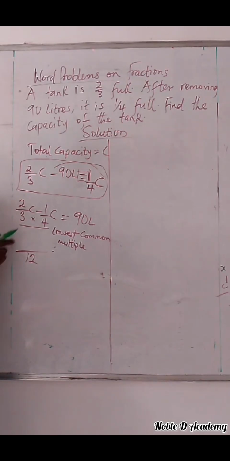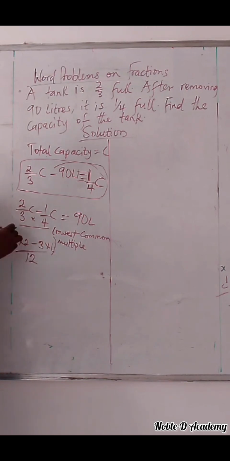So now we write 12 divided by 3 is equal to 4, and we do 4 times 2, minus 12 divided by 4 is equal to 3, so we are doing 3 times the numerator, which is 1.